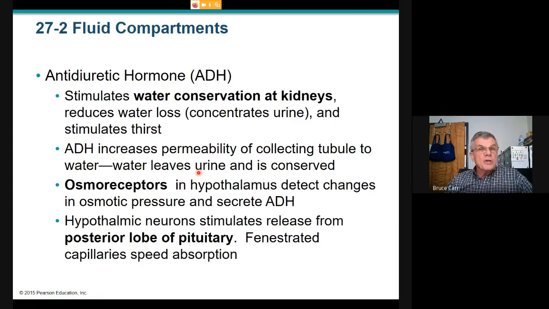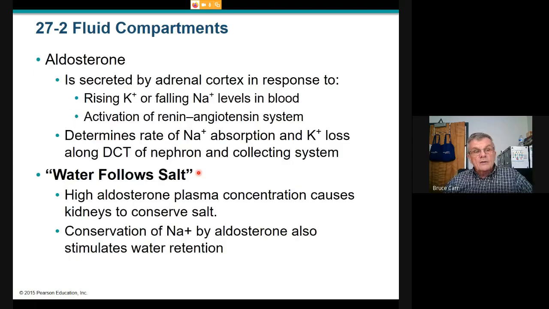There are osmoreceptors in the hypothalamus that measure this water movement and osmotic pressure and cause the secretion of ADH. Aldosterone comes from the adrenal cortex, shows you that the same kind of impulse, retaining water, can come from different endocrine glands altogether, and they react to something different.